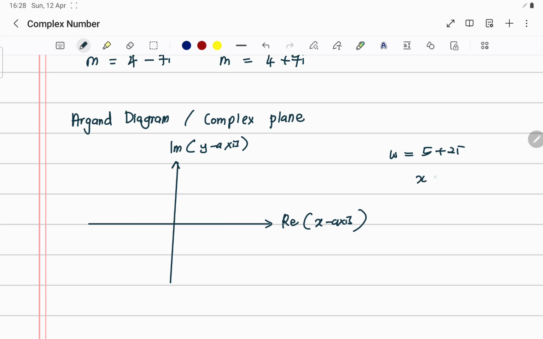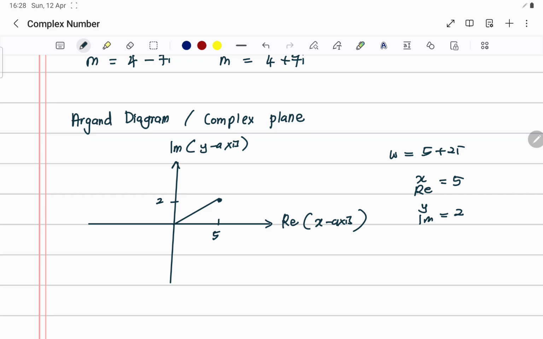So by right, our x or our Re is equal to 5, our y or our imaginary part is equal to 2. So this is (5, 2). Maybe this is 5, this is 2. So by right, your vector, sorry, your complex number, is at this point.